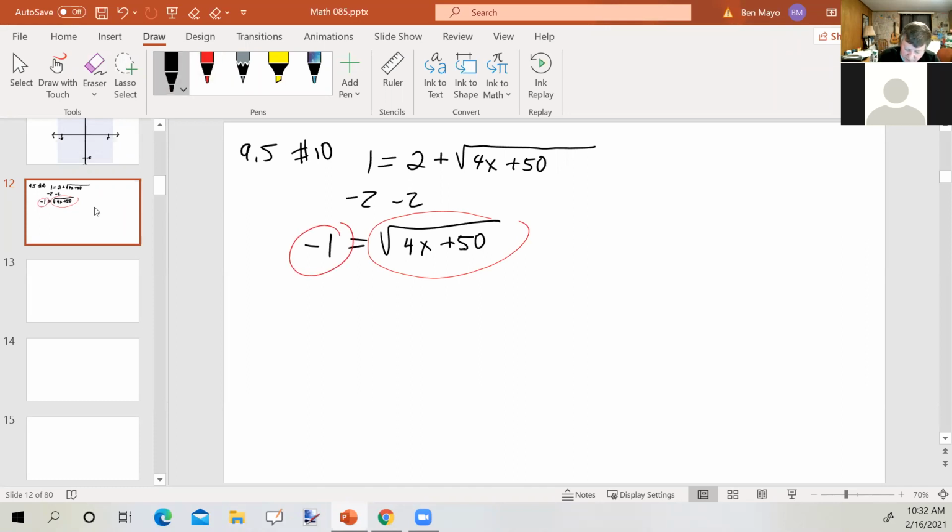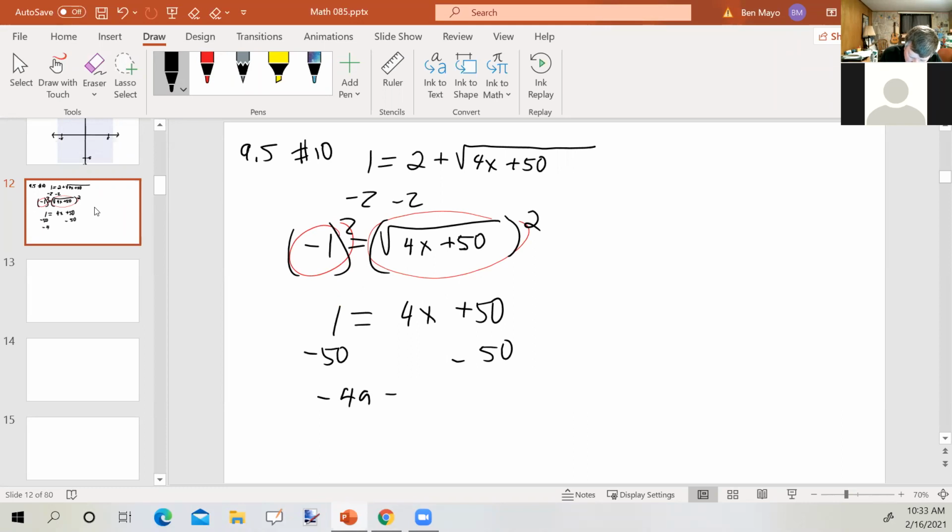But anyway, let's continue. So we're going to square both sides. On the left side, we'll get 1. On the right side, we'll get 4x plus 50. Then I will subtract 50 from both sides of the equation. -49 equals 4x.